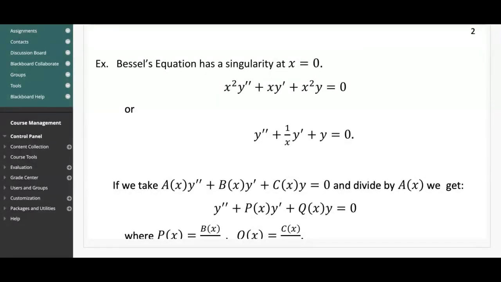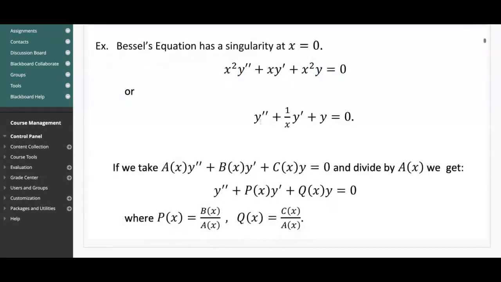Let's say this Bessel's equation. Bessel's equation has a singularity at x equals 0. So this is x squared y double prime plus xy prime plus x squared y equals 0. We divide it by x squared. So we get this form.